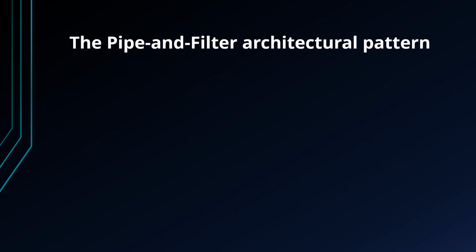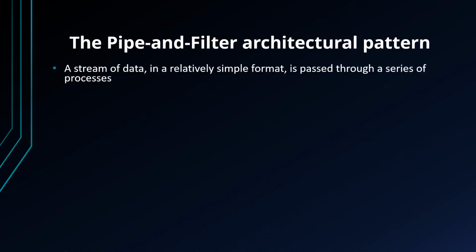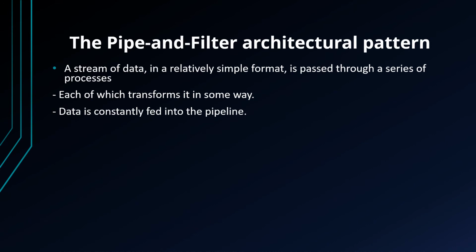The pipe and filter architectural pattern. This is a stream of data in relatively simple format that is passed through a series of processes, each of which transforms it in some way. Data is constantly fed into the pipeline.